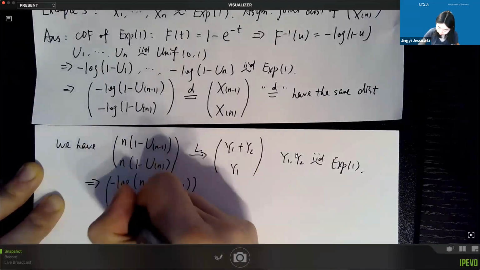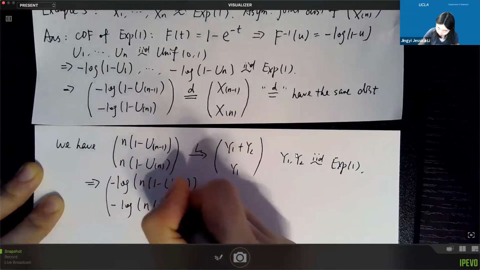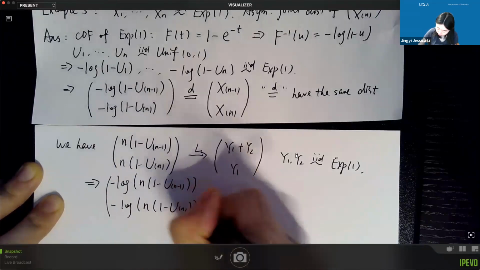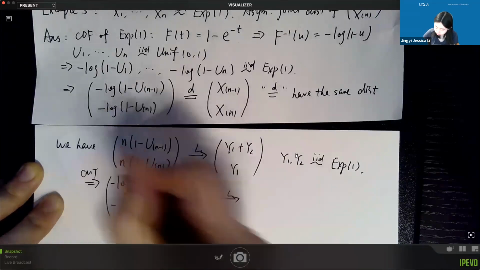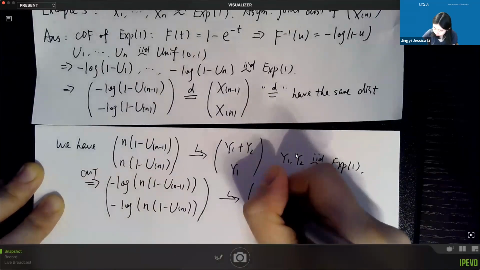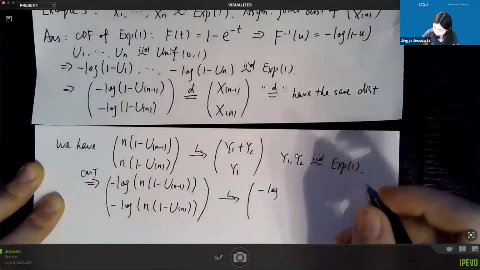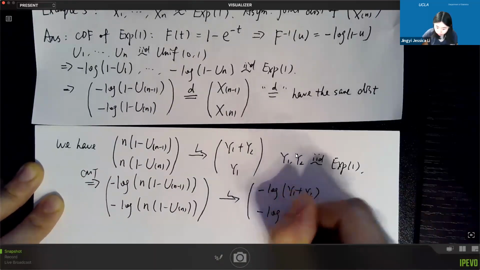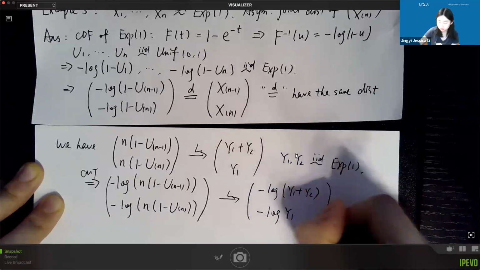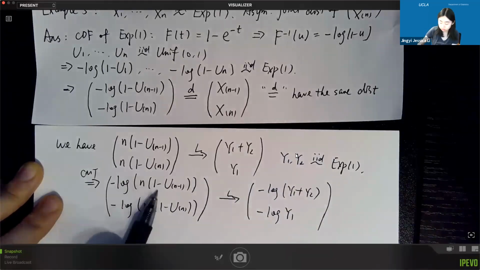By the continuous mapping theorem, CMT, this will give me negative log(Y_1 plus Y_2) and negative log Y_1.